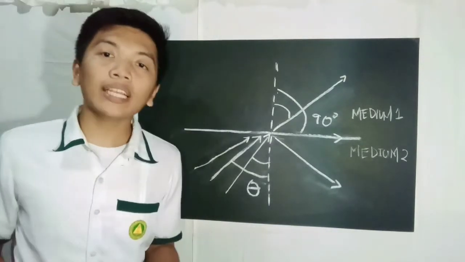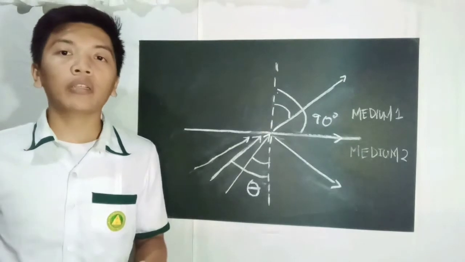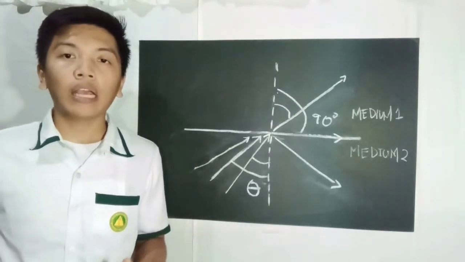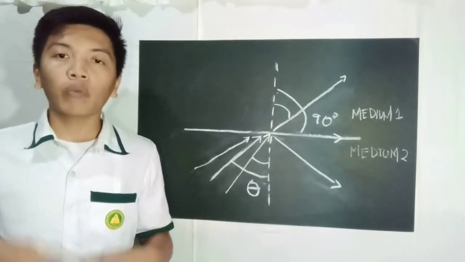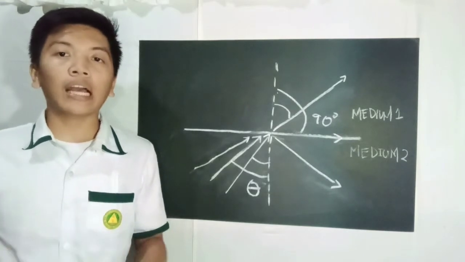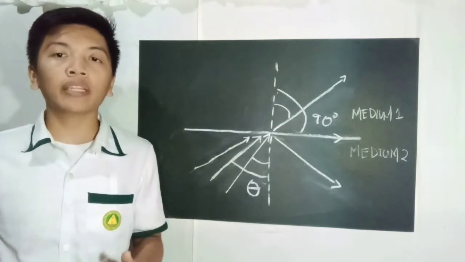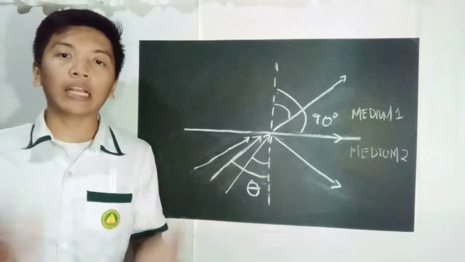And by that, in knowing if the light will undergo total internal reflection, we must know first the critical angle and place the source of light greater than the critical angle.